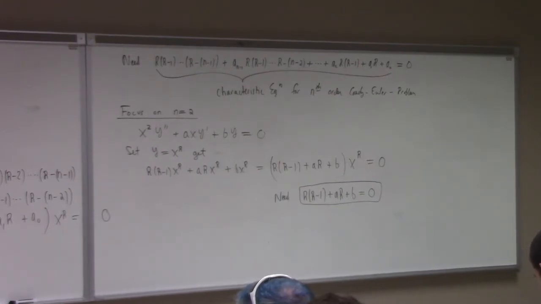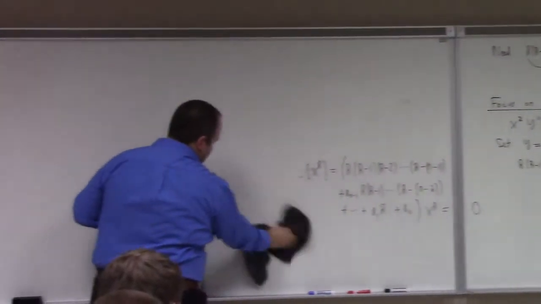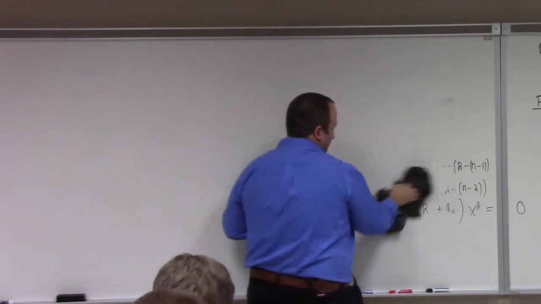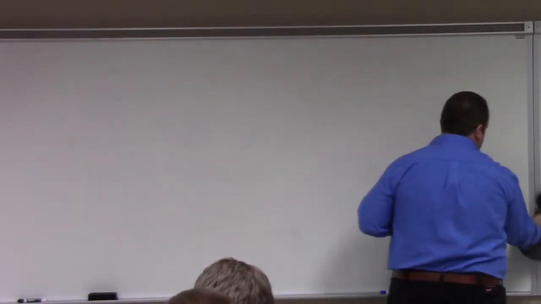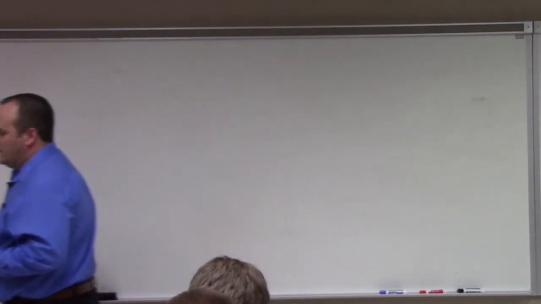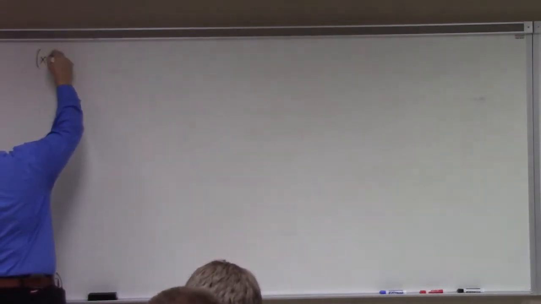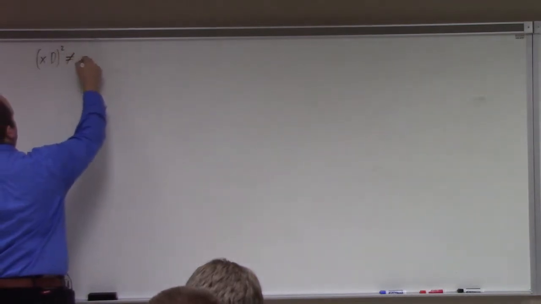The problem of factoring the operator, I deal with in the notes, and I do a fair amount in my notes on that. It basically goes back to one of the first examples I did for you guys in operators, where I showed you that x d squared is not equal to x squared d squared.